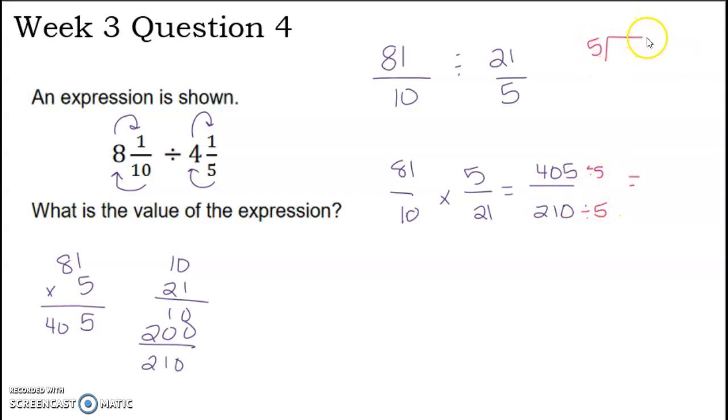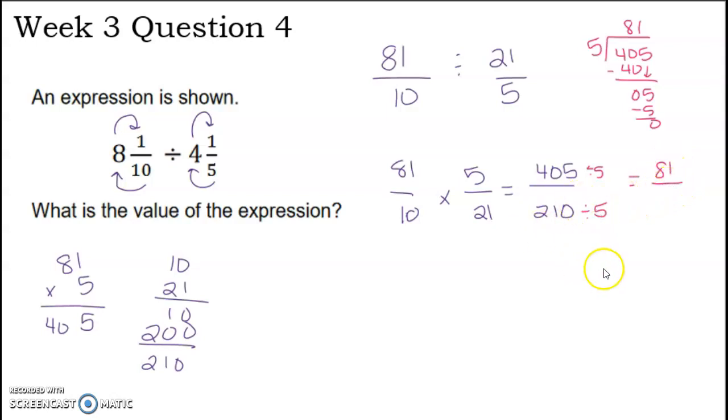So we have 5 into 405. 5 goes into 40 8 times, and that is 40. Bring down the 5. 5 goes into 5 one time. Okay, and so this is going to be 81.